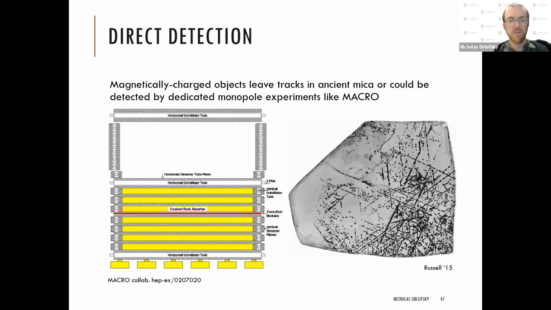One final thing that you can do is look for essentially direct detection of black holes passing through materials here on Earth. You can use dedicated monopole experiments like MACRO, whose schematic is shown here on the left, or you can look for tracks of charged particles running through ancient mica minerals.